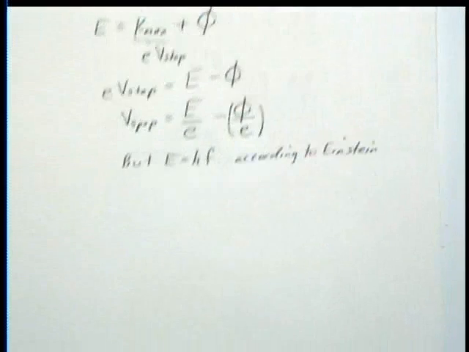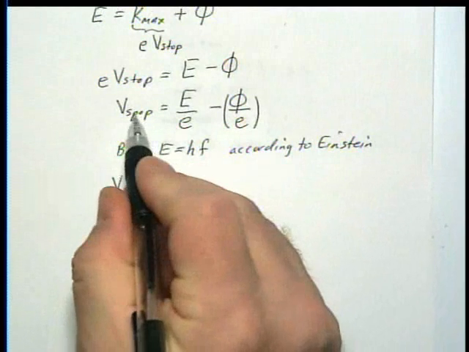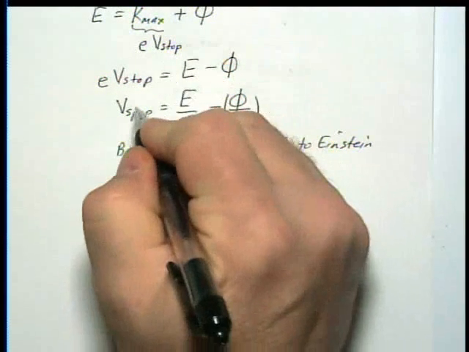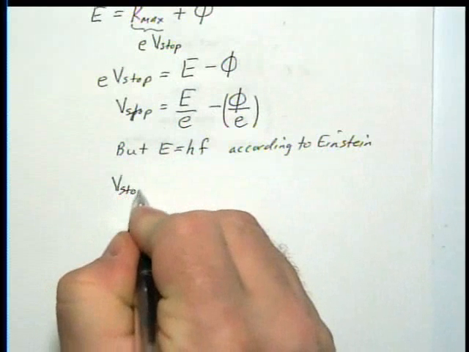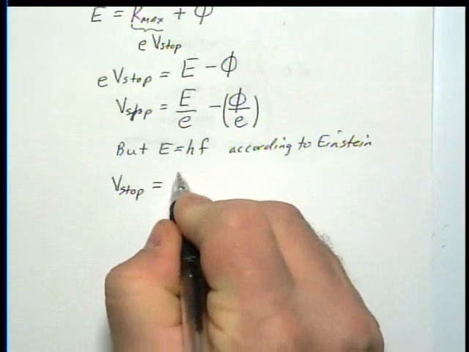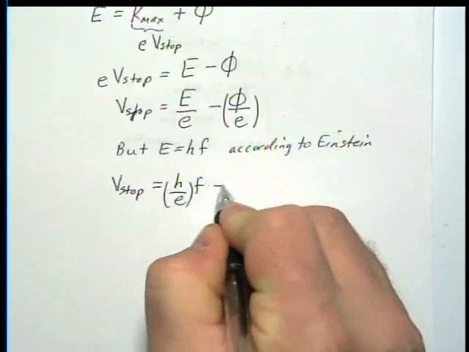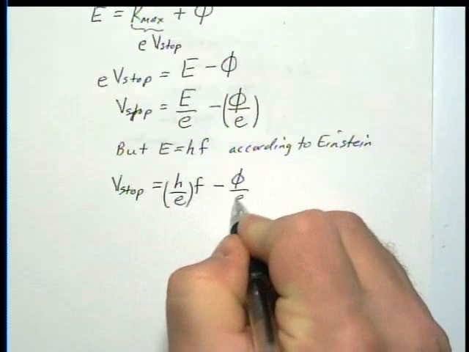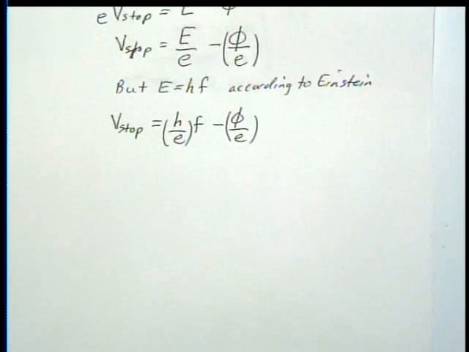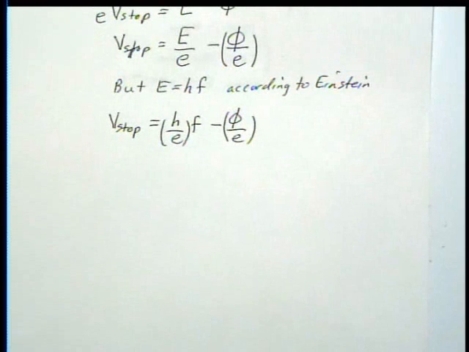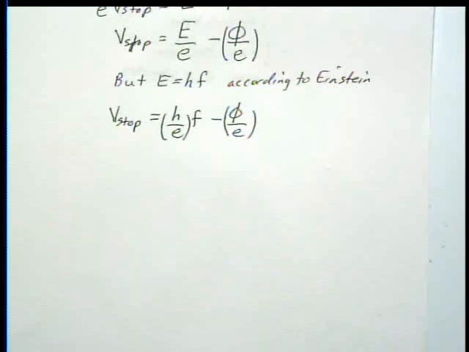Fine, if E is hf, let's put that in. What the heck, V stop? I get h over e times f minus W over e. So according to Einstein, that's the equation that relates the stopping potential to the frequency of the light.